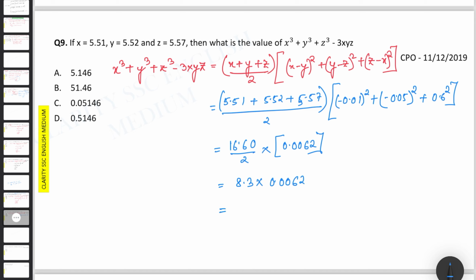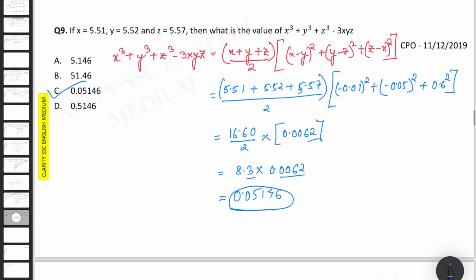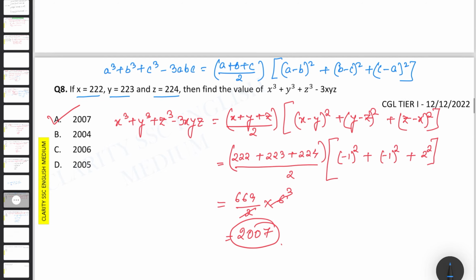So what will be the value? 0.05146, and there are 5 decimal points. So the correct answer is option number C. This is the fourth formula that we are applying here.